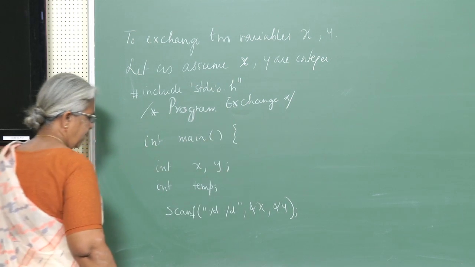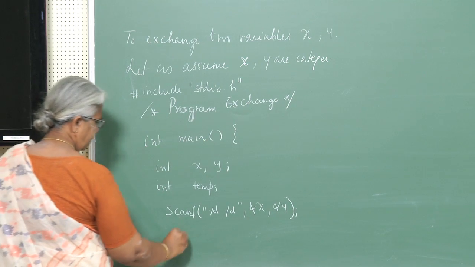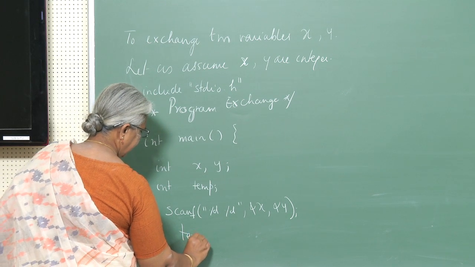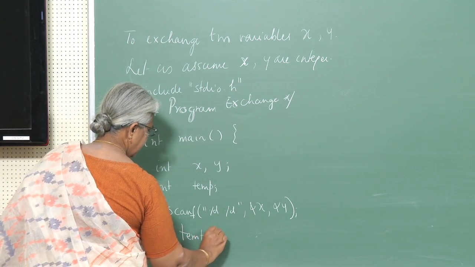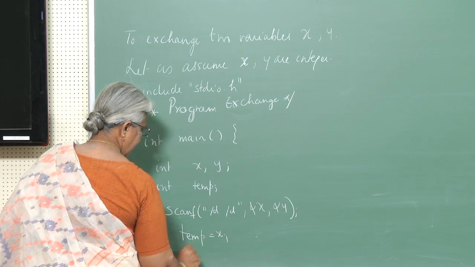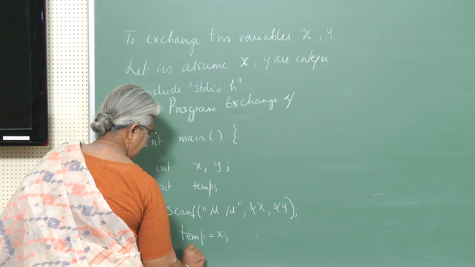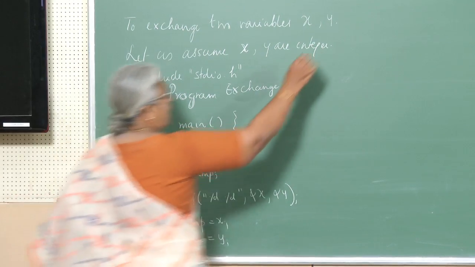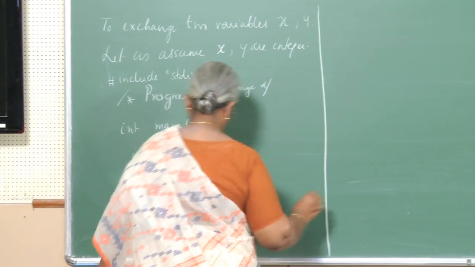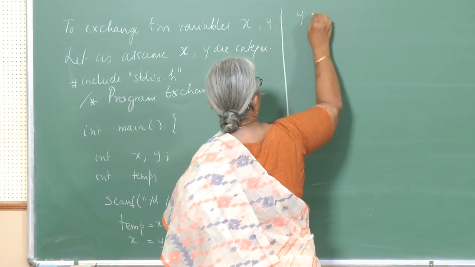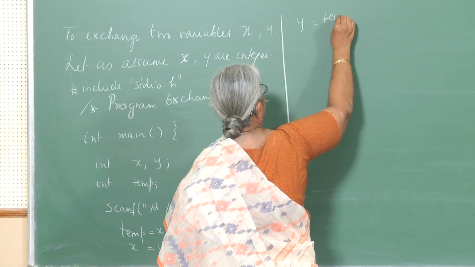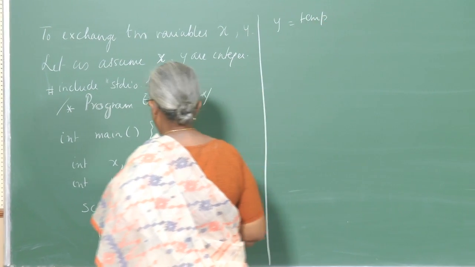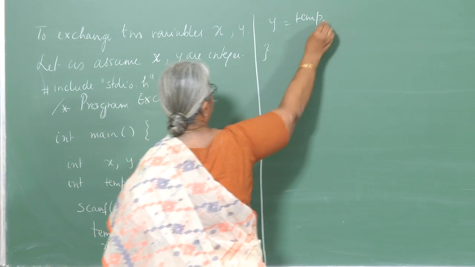Then what do we do? We assign temp equals x, and x equals y, and then y equals temp, and that is the end of the program.